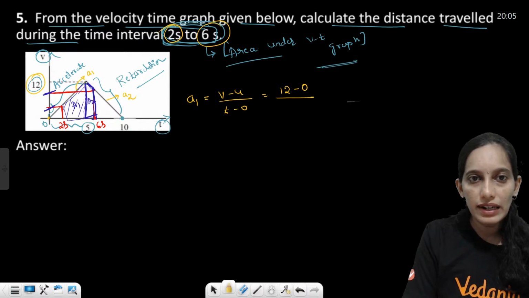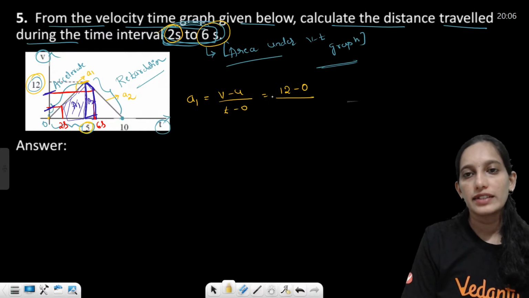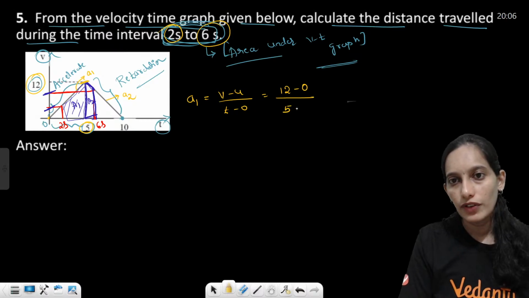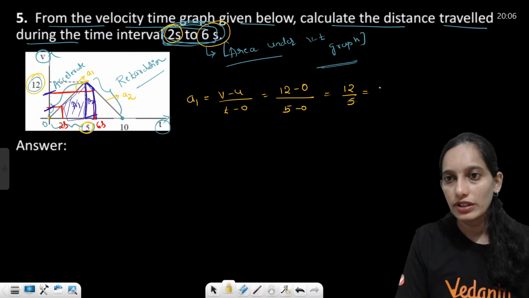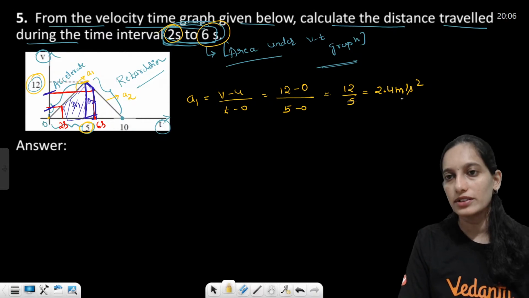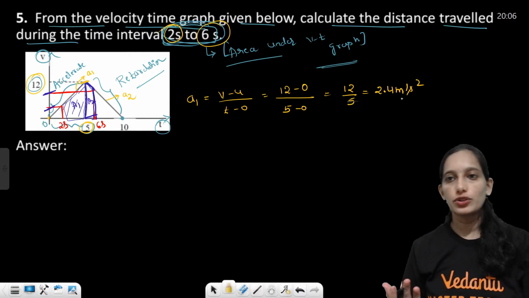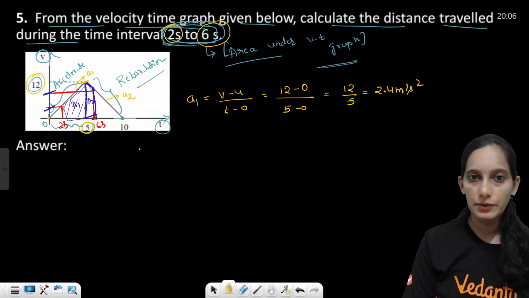So how much time did it take to reach 12? It is 12 at 5 seconds. So 5 minus 0. It is 12 by 5, which is 2.4 meter per second square. Okay, so acceleration is 2.4 meter per second square.